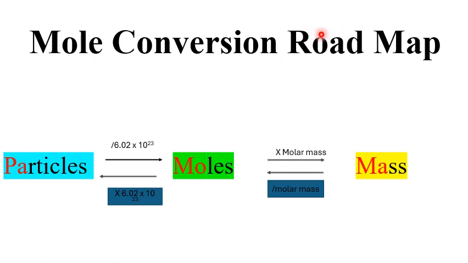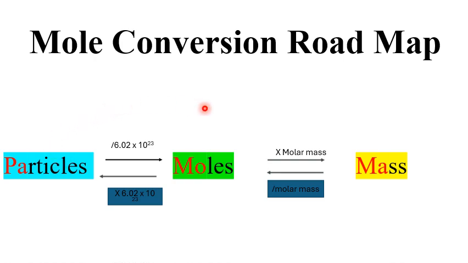And if you have moles and you want to get the mass, you just have to multiply by molar mass. And now backward: if you have mass and you want to find moles, mass divided by molar mass will give you moles. And if you have moles and you want to find the particles, moles multiplied by Avogadro number will give you the particles.